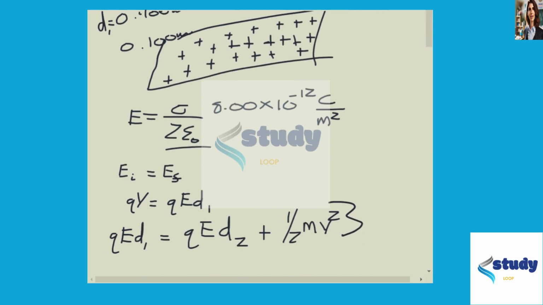So the charge is 7 millicoulombs, so 7 times 10 to the negative 6 multiplied by the electric field, 8 times 10 to the negative 12 over 2 times 8.854 times 10 to the negative 12.